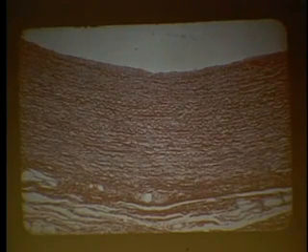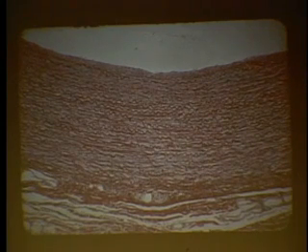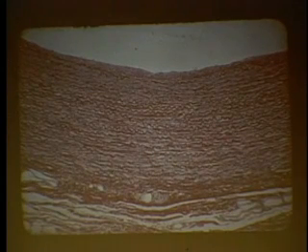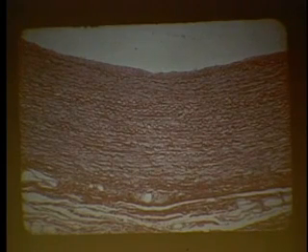Is the brachiocephalic an elastic artery? Yes. Is the subclavian an elastic artery? Yes. Is the common carotid an elastic artery? Sure. How about the brachial? No. At least you know where it is. Next slide.